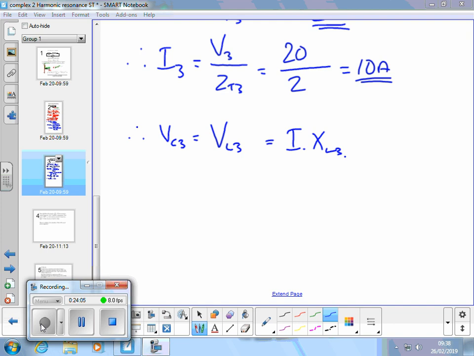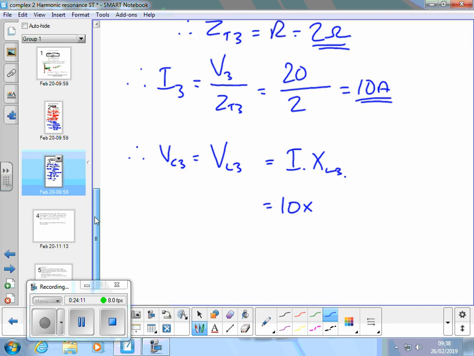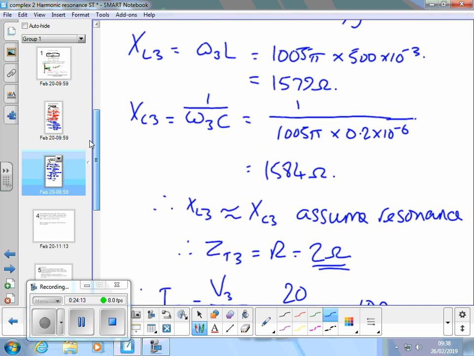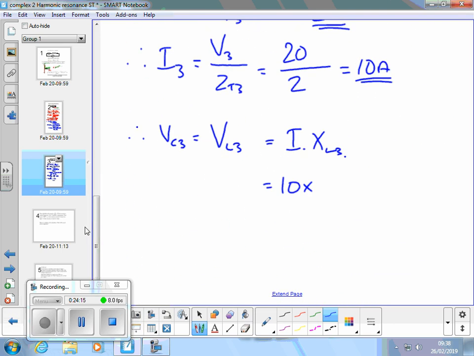We've already said they're equal to each other, so we've got 10 times XL, which was 1579, equals 15.79 kilovolts.